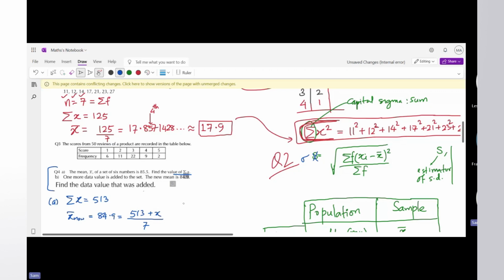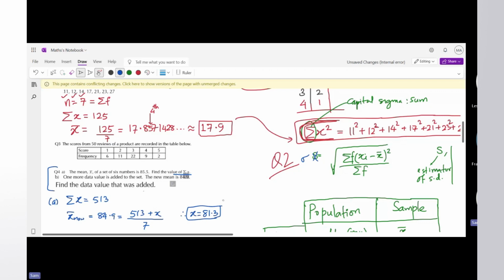So what do we get? The value of x as, well, I'll get 81.3. That's right. Therefore, x is 81.3.